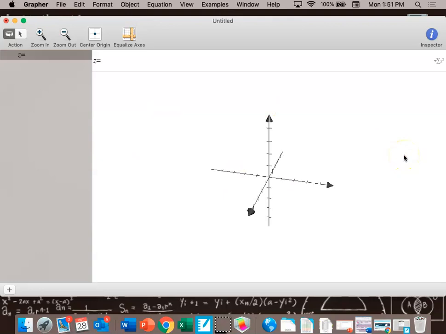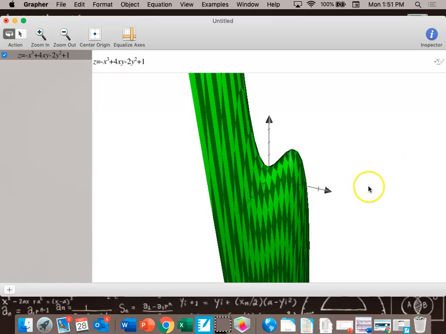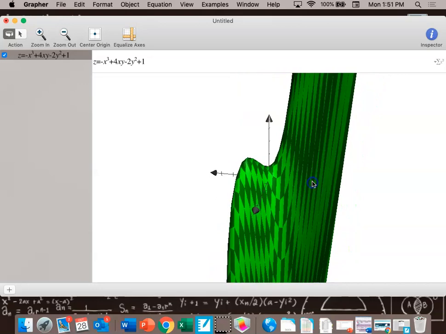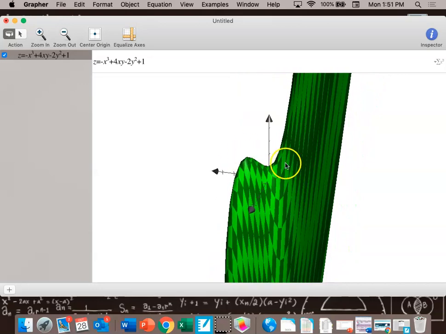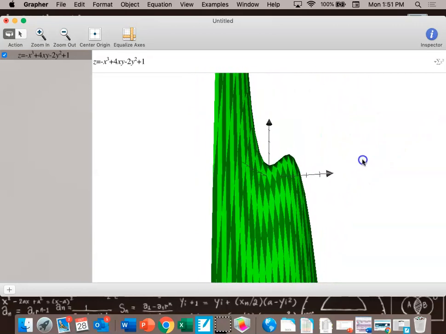Tell me the equation. Negative x cubed plus 4xy minus 2y squared plus 1. Here's the point 4/3, 4/3. If you look at 0, 0, 0, does it look like a saddle?